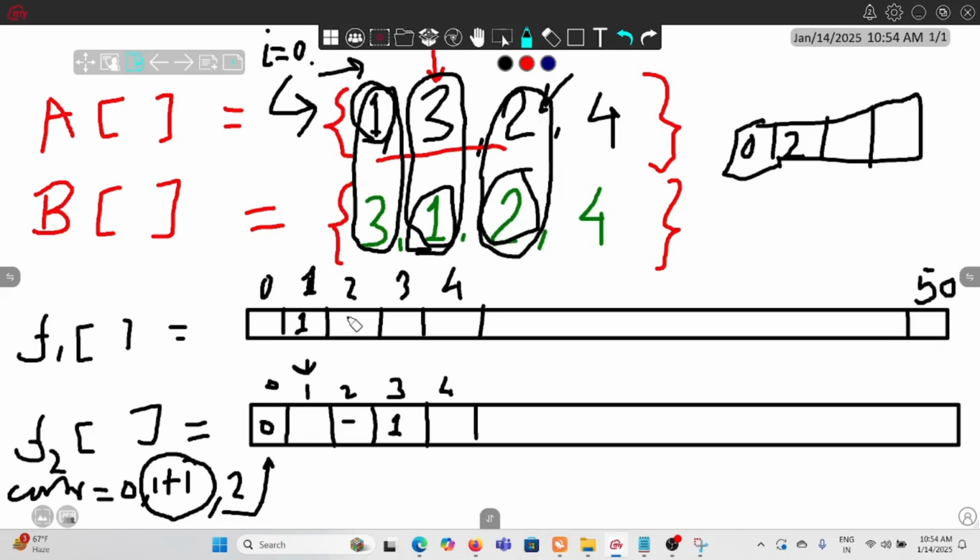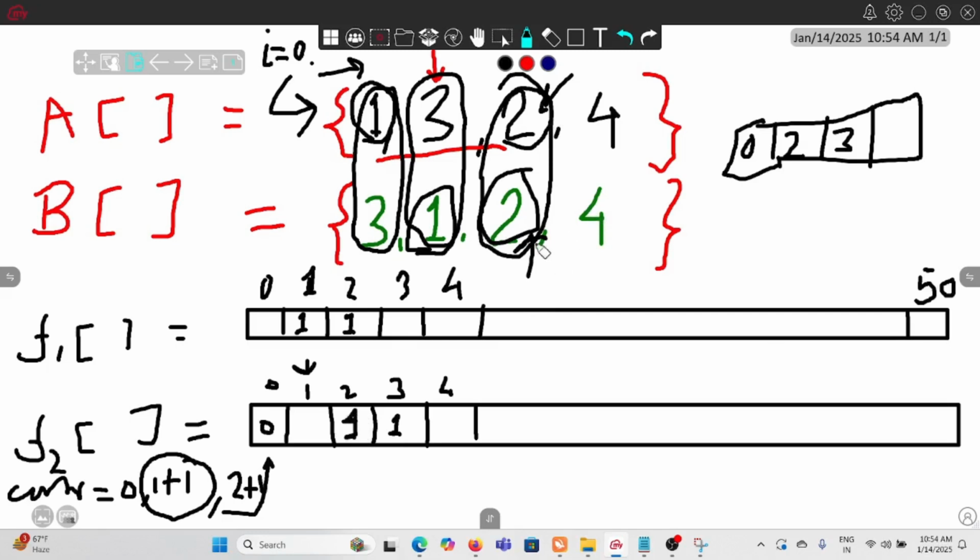But in F1 itself we will increase it, because it has anyway appeared in A. Now we are coming to this guy. We will check, has 2 appeared in F1? Yes, 2 has appeared in F1. Then what will we do? We will increase the frequency by 1. So what will the frequency be? It will become 2 plus 1, which is 3. So we will put 3 here. And we will add this guy. 2 has now appeared here also, so we will increase it by 1.